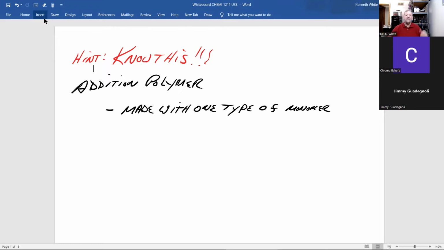It's like the same freight car repeating over and over and over again. And we're talking long, like 1,000,000 carbons. Wow, that's big. An example of this that you should know: saran wrap, or the plastic wrap in your kitchen, is an addition polymer.